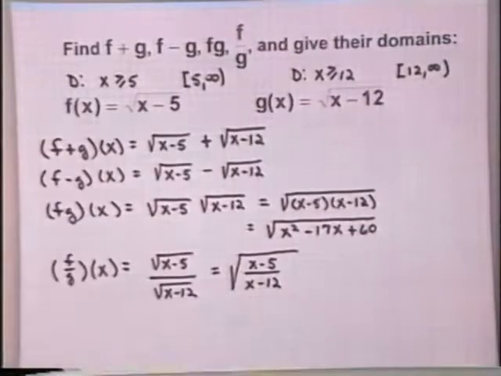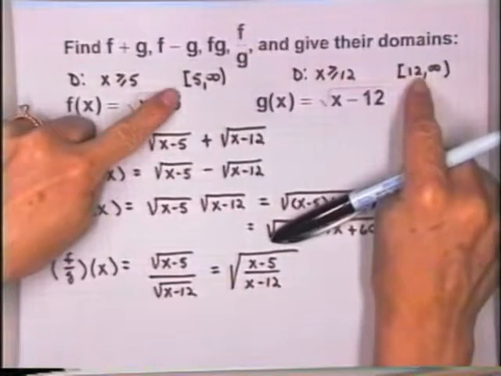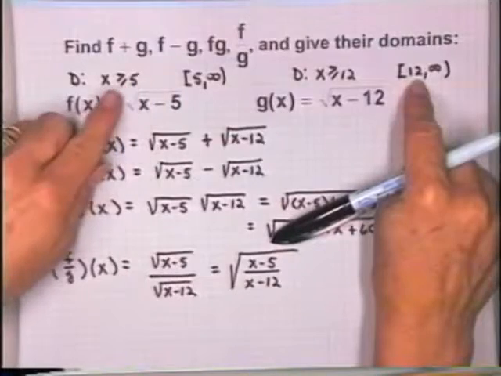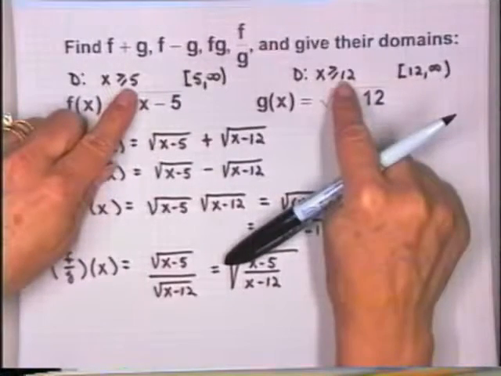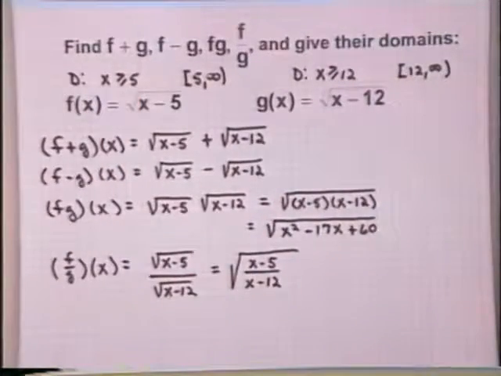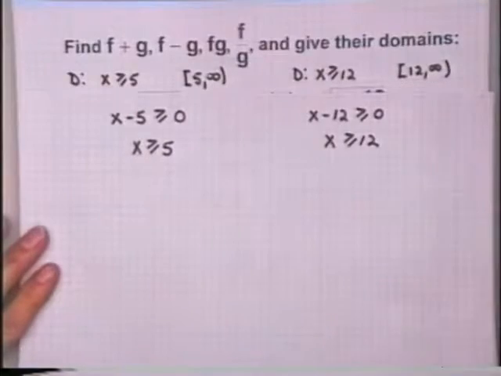Now, having written those domains for functions f and g up there, let's talk a little bit about what we want to do. We're trying to find what's common with these two sets. Here we have numbers larger than or equal to 5. Here we have numbers larger than or equal to 12, don't we? Let's think about a number line for a second.